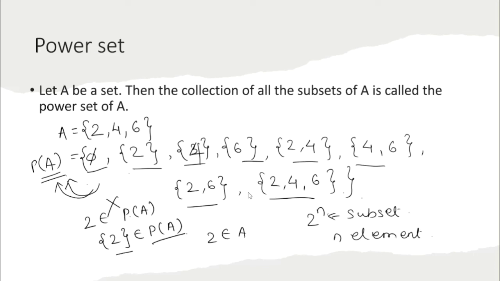Now, we learn that the power set of A is the collection of all the subsets of A. So, we can say that there are 2 to the power n number of elements in the power set of A, or you can write that the number of elements in the power set of A is 2 to the power n if the number of elements in A is n.